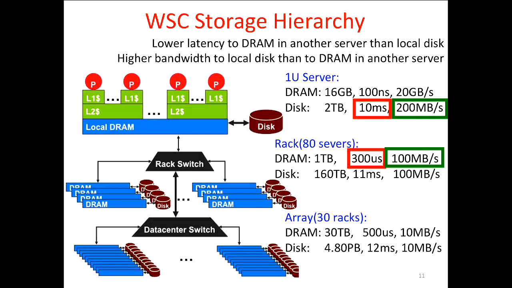What's interesting here is to compare the access to the local disk and the access to DRAM outside a single server. The latency to a local disk is 10 milliseconds, and the latency to DRAM outside a server but inside a rack is 300 microseconds, which is much shorter.